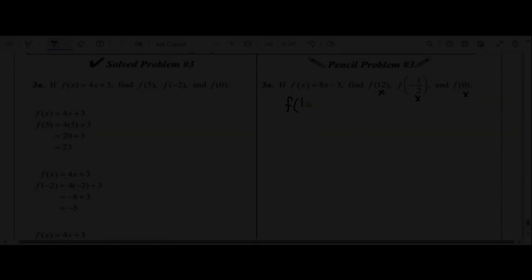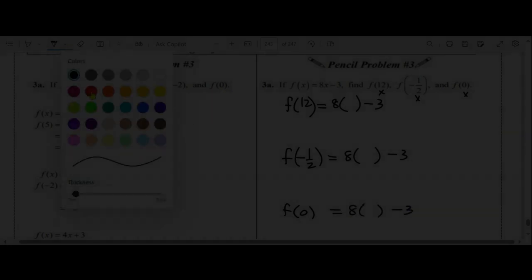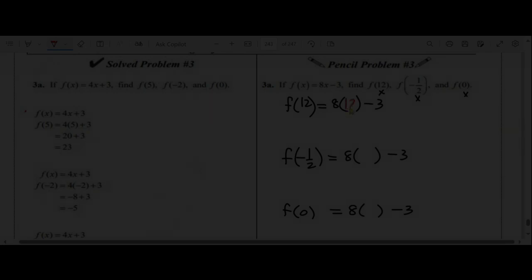So we replace x by how much? By 1/2. So 8 and then open parenthesis, minus 3. And the next one is going to be what? F of what? Half. And then 8 and then you put the value here. And the last one? F of what? 0. So you replace here like this, right? Yalla, do it please and tell me what will be the answer.